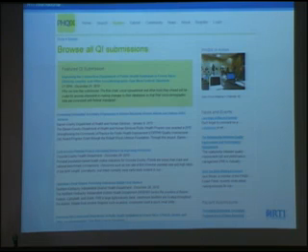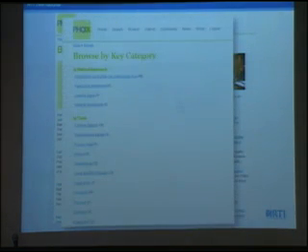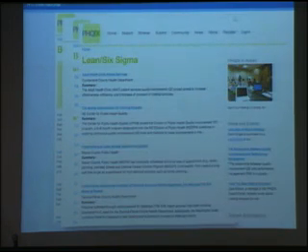So the website, and you can go to it when you have time, it's very cool. And so you can either browse all of the submissions in a general sort of way, or you can drill down and browse by key categories.